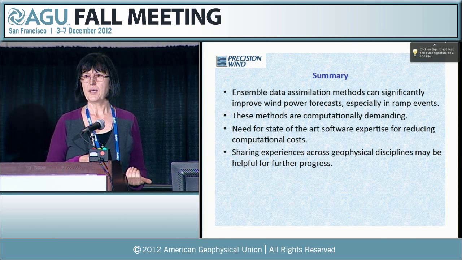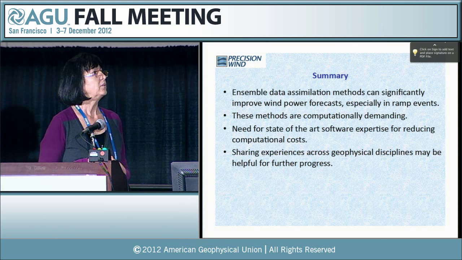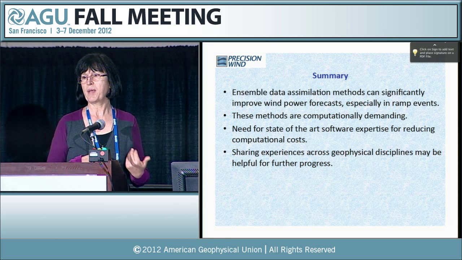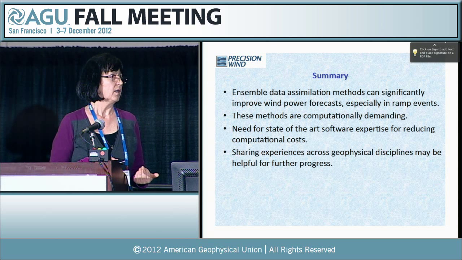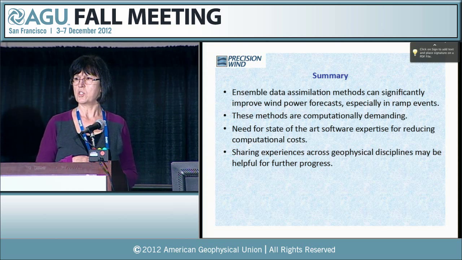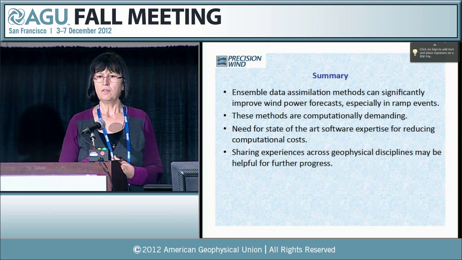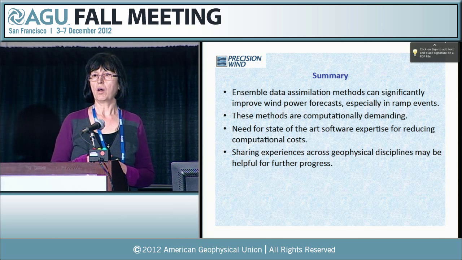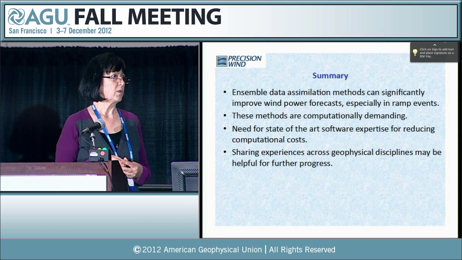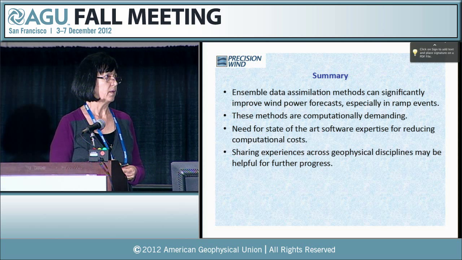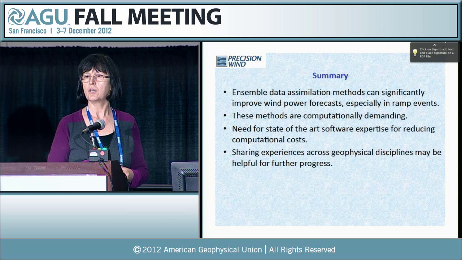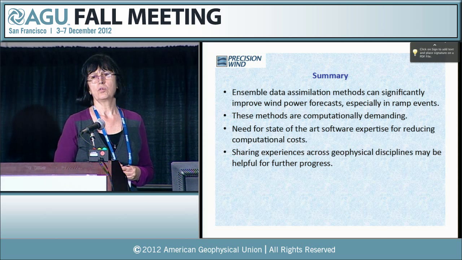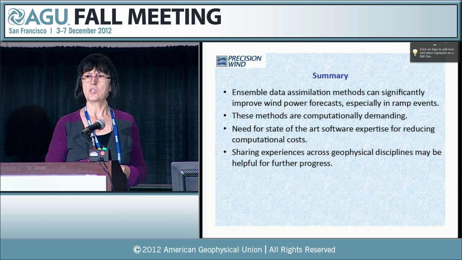Summary: ensemble data assimilation methods can significantly improve wind power forecasts, especially the ramp forecast. These methods are, however, computationally very expensive, and we need to pay attention to how to reduce the cost. One idea is to hire some software engineer experts who can significantly reduce computational costs.